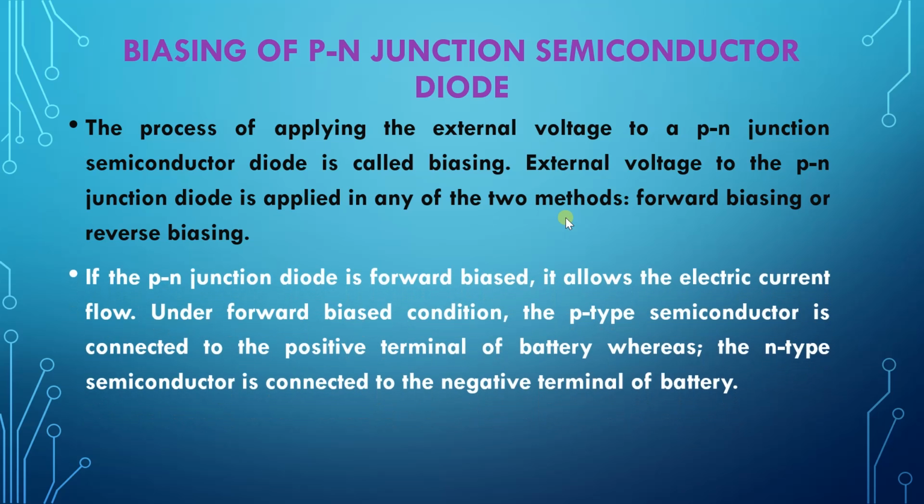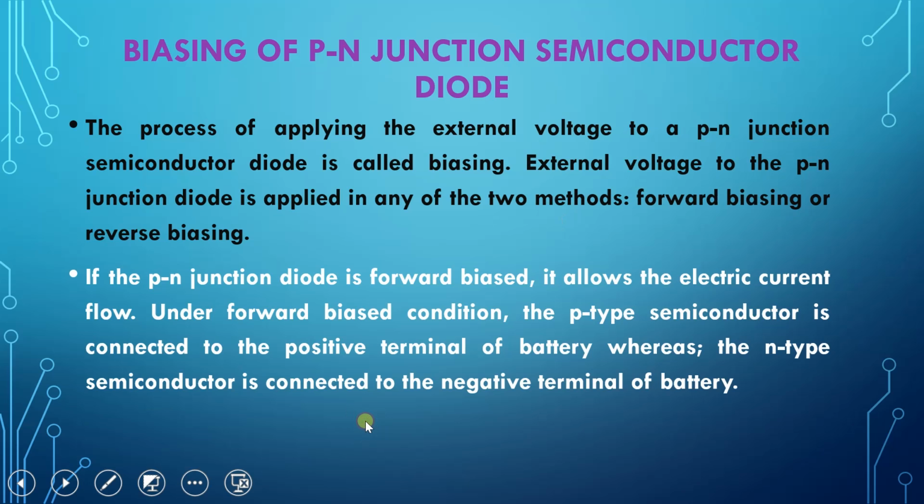If the PN junction diode is forward biased, it allows the electric current to flow. Under forward biased condition, the P-type semiconductor is connected to the positive terminal of the battery, whereas N-type semiconductor is connecting to the negative terminal of the battery.